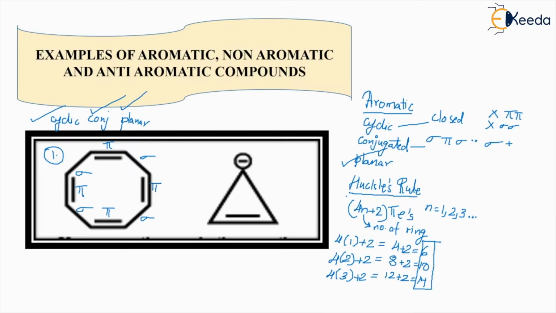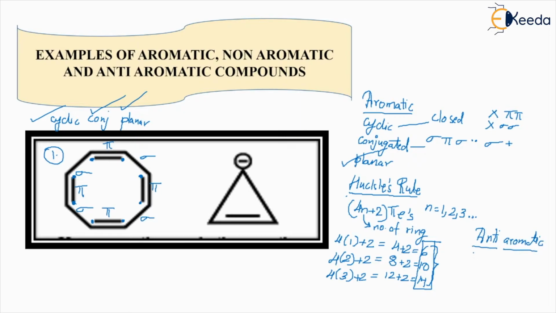Now let us see the number of pi electrons. It has 1, 2, 3, 4, 5, 6, 7, 8. Is 8 coming in any of this? No. But it comes in the anti-aromatic formula, which is nothing but 4n.